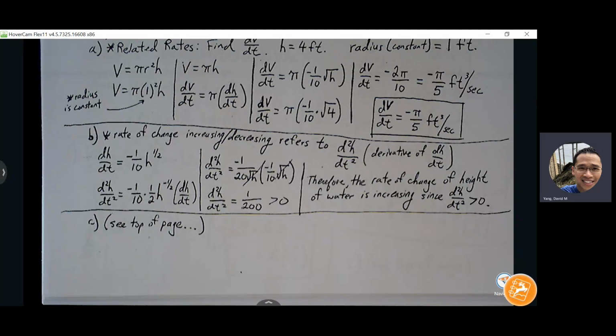Replace dH/dt with -1/10 root h, because I know that's the expression given to me. Clean this up, the root h cancels out. I get 1 over 200. That's a positive number, so I know that my rate is increasing. Therefore, since the second derivative is positive, we know the rate of change of the height of water is increasing.